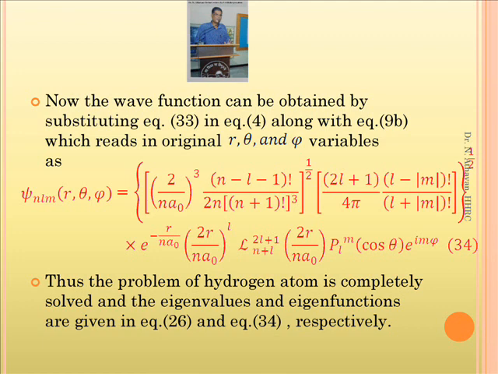Here n, l, m are the quantum numbers associated with the hydrogen atom: n is the principal quantum number, l is the orbital angular momentum quantum number, and m is the magnetic quantum number. We already had an expression for energy in equation 26, and in equation 34 we have the expression for wave functions. Therefore, we conclude that the problem is completely solved.